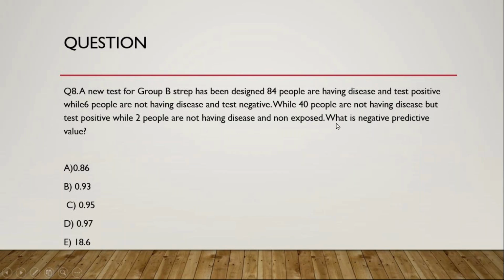So what is the negative predictive value? Option A is 0.86, option B 0.93, option C 0.95, option D 0.97, option E 18.6. So the 2 by 2 table you have made, now just apply the formula and solve negative predictive value.